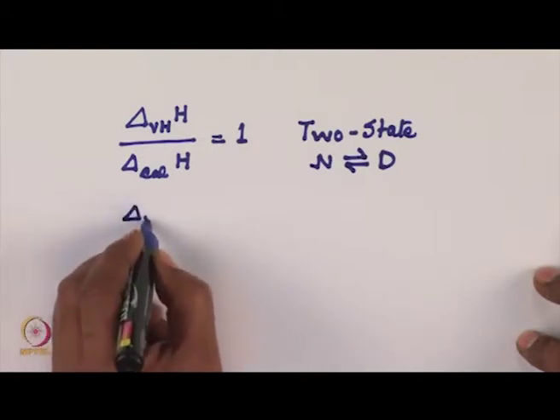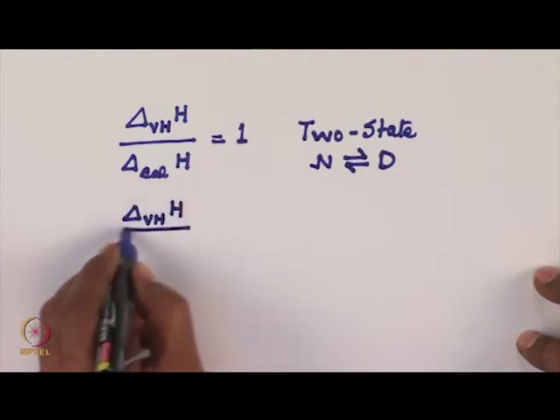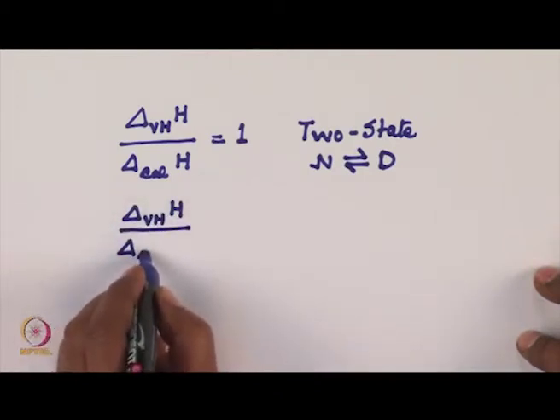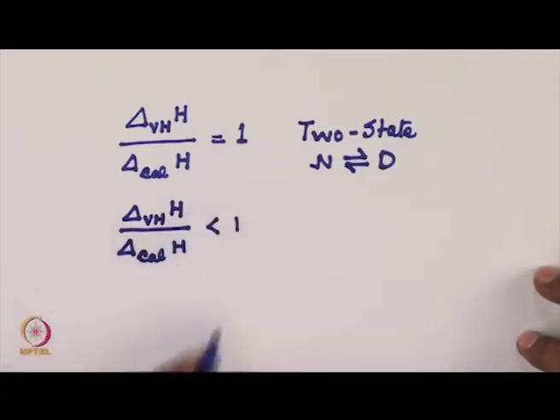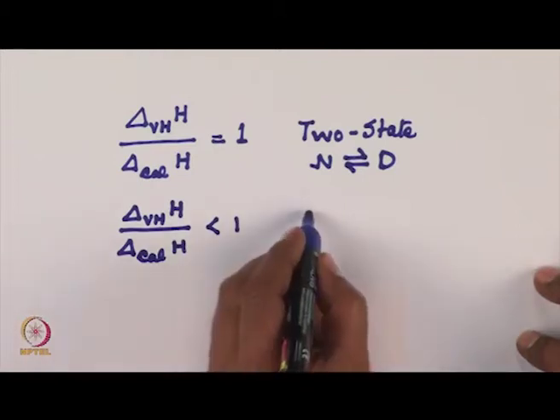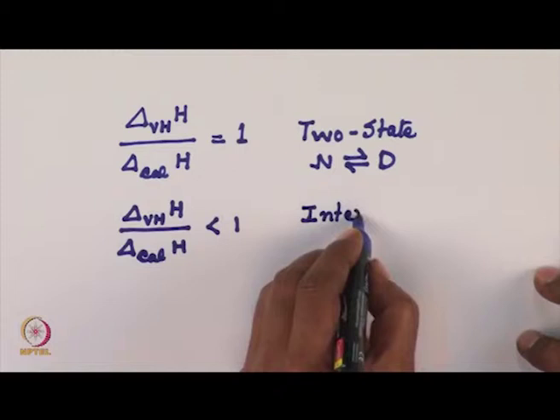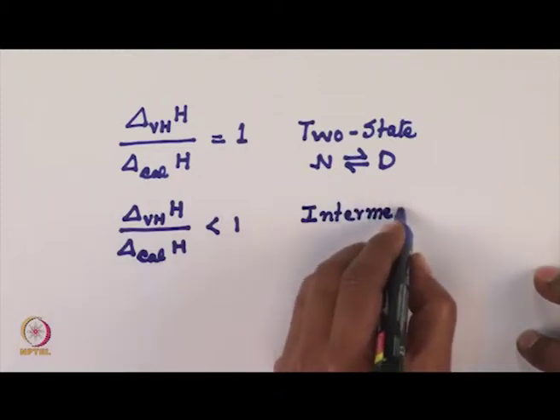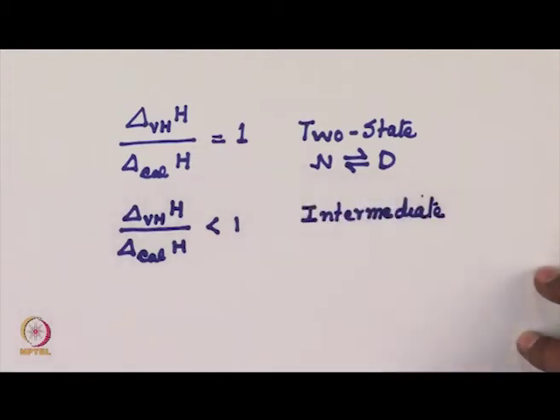If Van 't Hoff enthalpy over calorimetric enthalpy is less than 1, that means there are intermediates in the unfolding process.